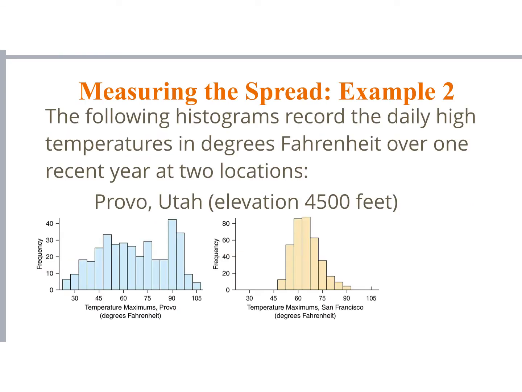Okay, so here's what I mean in example 2. The following histograms record the daily high temperatures in degrees Fahrenheit over one recent year at 2 locations. Okay, so 2 different locations. One is in Provo, Utah. The other one is in San Francisco.